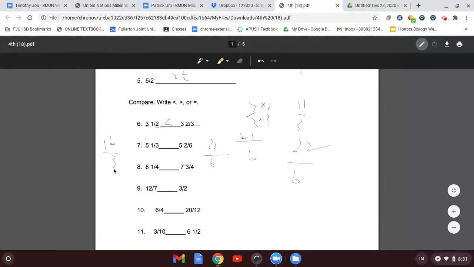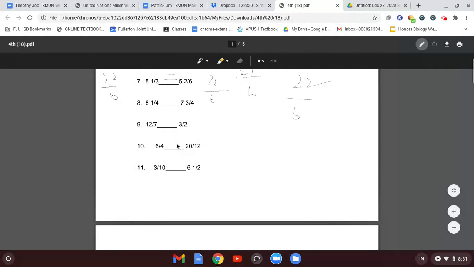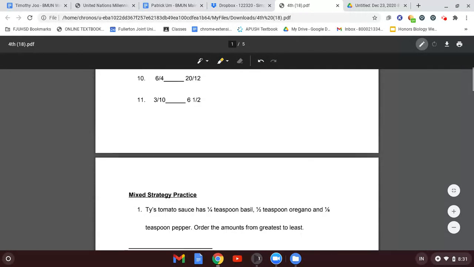And you realize that 3 can go into 6, and to do that you multiply by 2. So you multiply by 2 on this side, and you get 32 over 6. Then you realize that it's the same thing, so you just put equals. Hopefully that explained it for you.